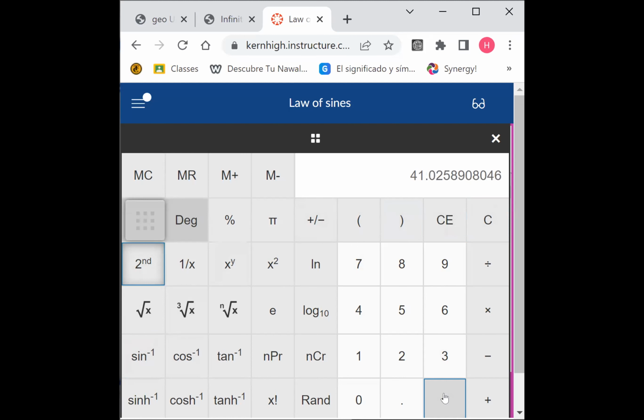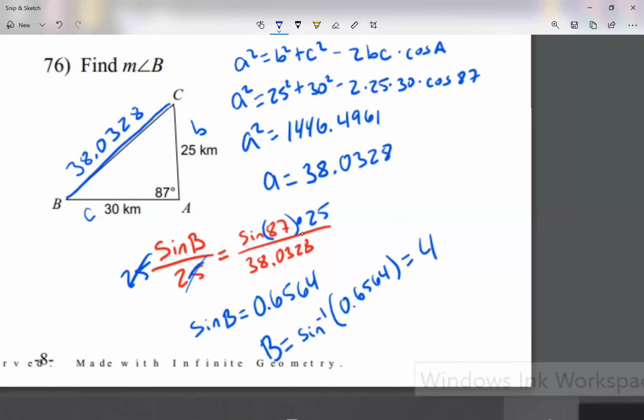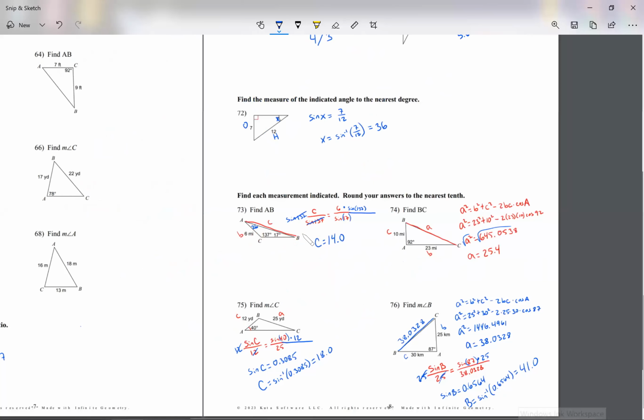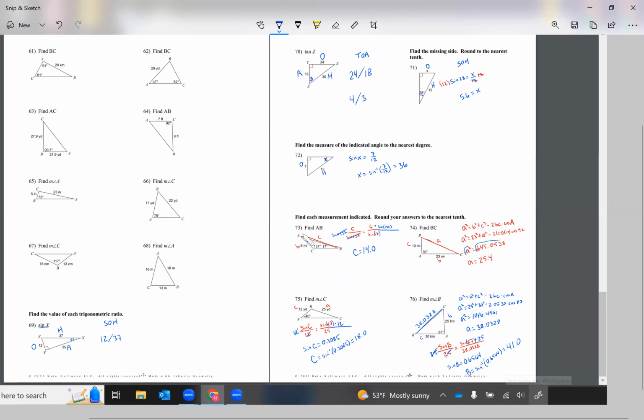So 41.02. That two's too small. So 41.0. Okay. There's you guys' work. Good luck on the test.